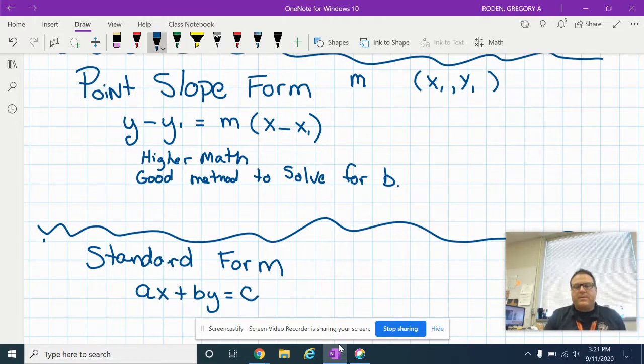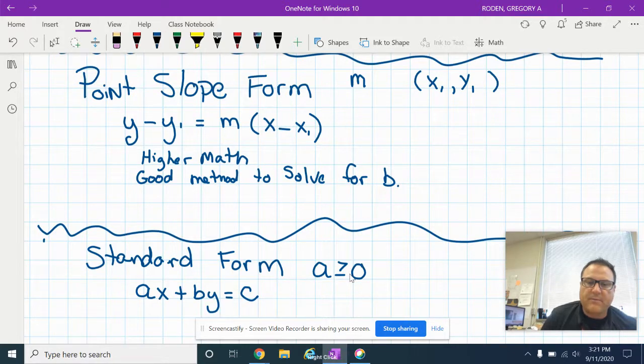So basically, standard form is saying that you want some number times x plus some number times y equals some number. And usually a has to be greater than or equal to 0. Usually it's actually greater than 0.